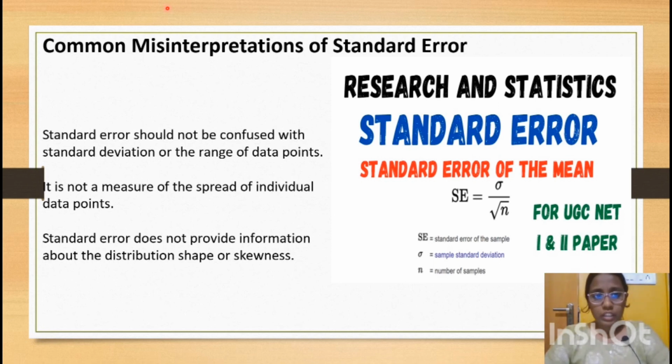So the common misinterpretation is that it should never be confused with standard deviation. In research and statistics, the standard error formula is sigma by root n, the square root of n.